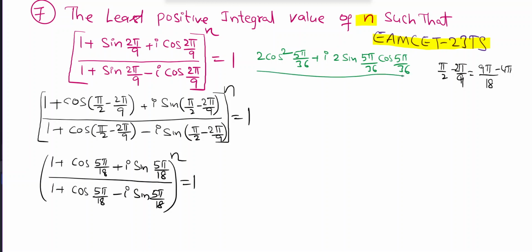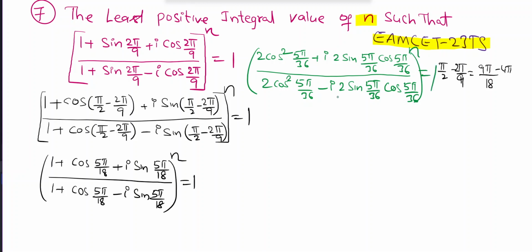So the numerator is 2 cos square 5 pi by 36 plus i into 2 sin 5 pi by 36 cos 5 pi by 36, and the denominator is 2 cos square 5 pi by 36 minus i into 2 sin 5 pi by 36 cos 5 pi by 36, whole to the power n.